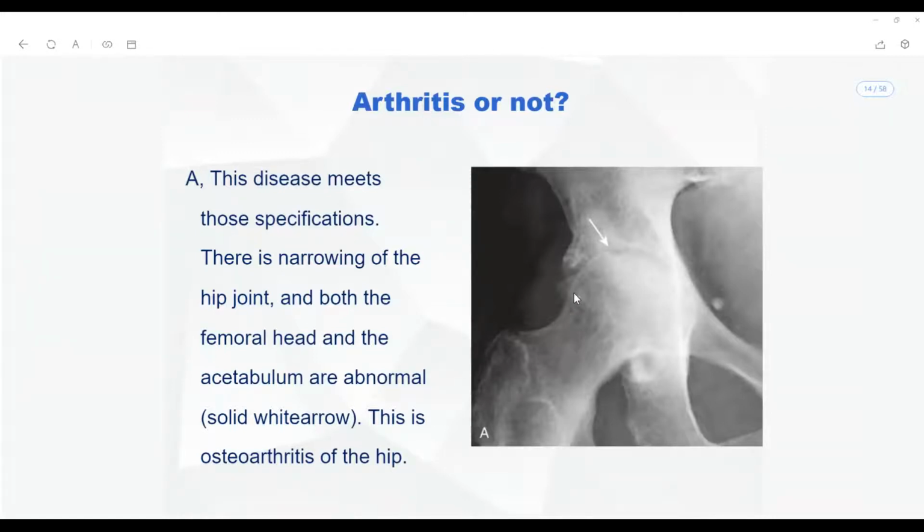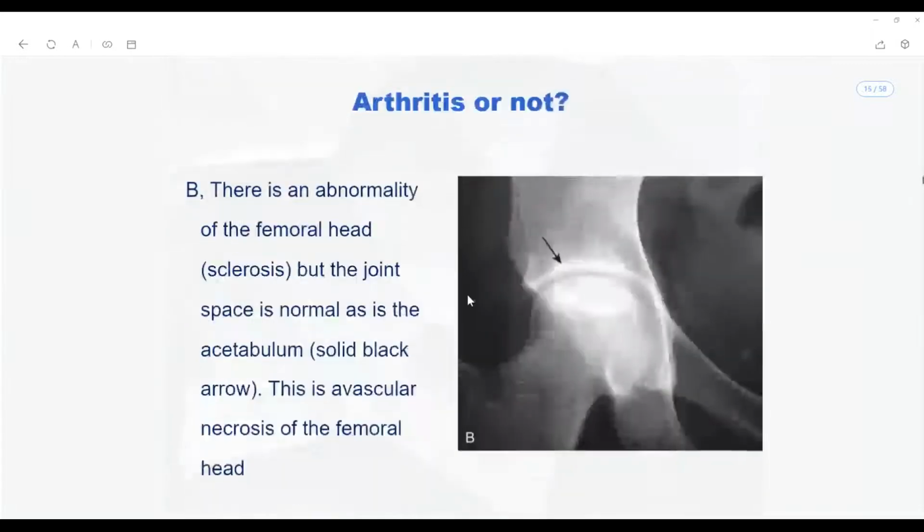So that's the reason there is a reduction of the joint space. So is this point clear? Right. So that is how we can say that this is an arthritis. This condition is the osteoarthritis of the right hip joint.